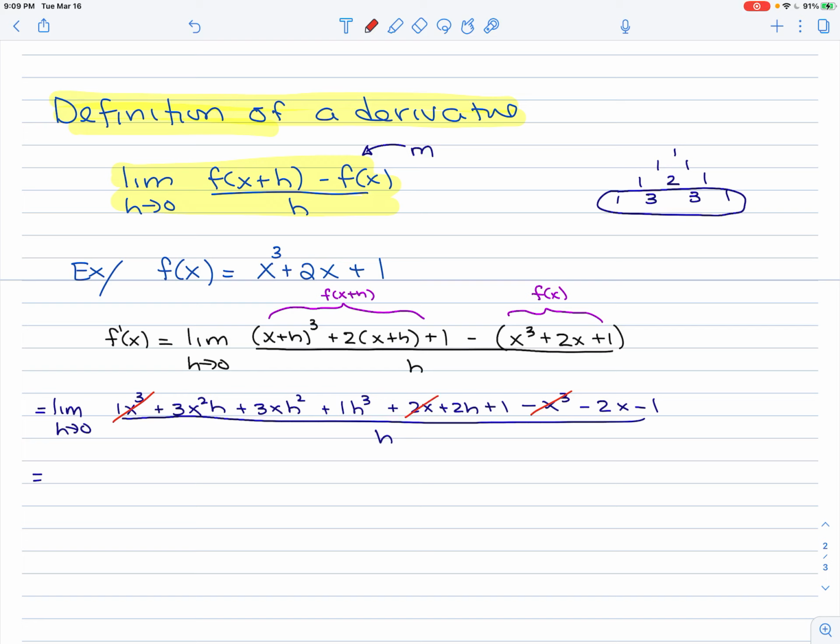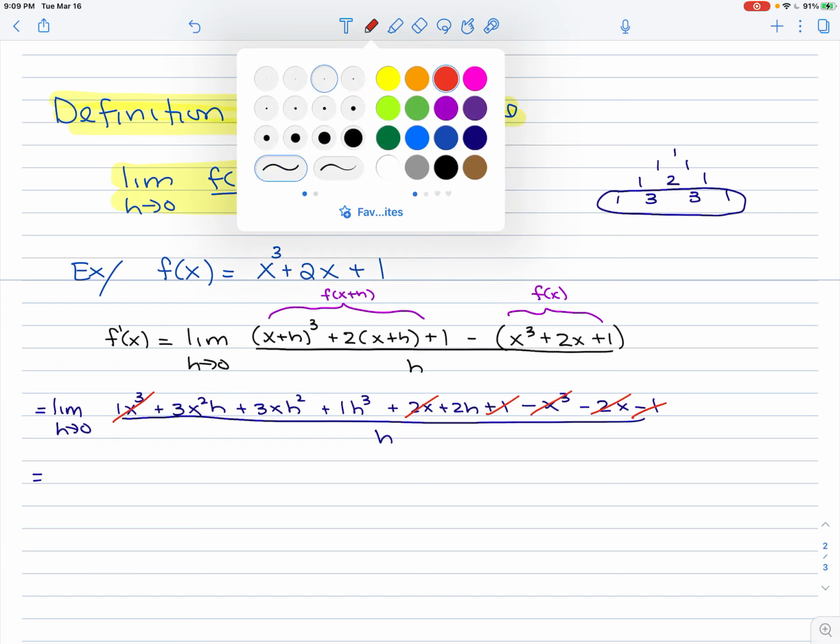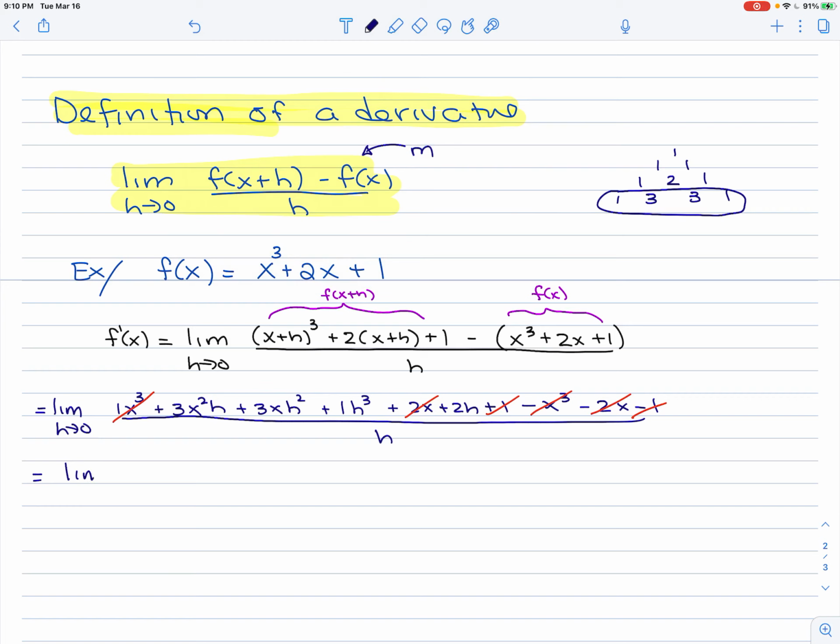What else? 2x and 2x, and my 1 and my 1. And then on the top, I'm going to factor out an h to cancel out with the h on the bottom. So I have 3x squared plus 3xh plus h squared plus 2. Okay, and then those h's cancel.